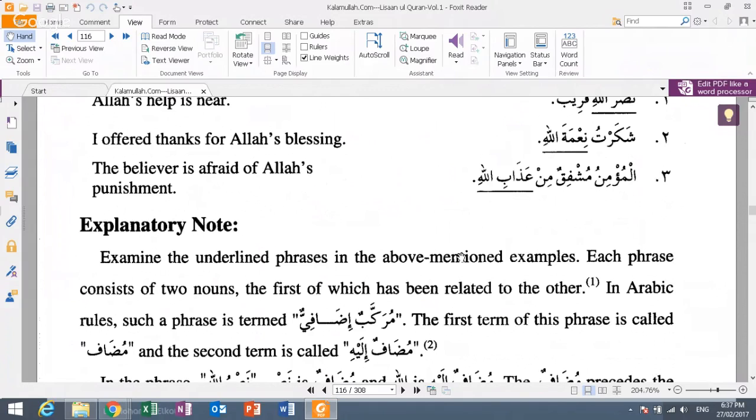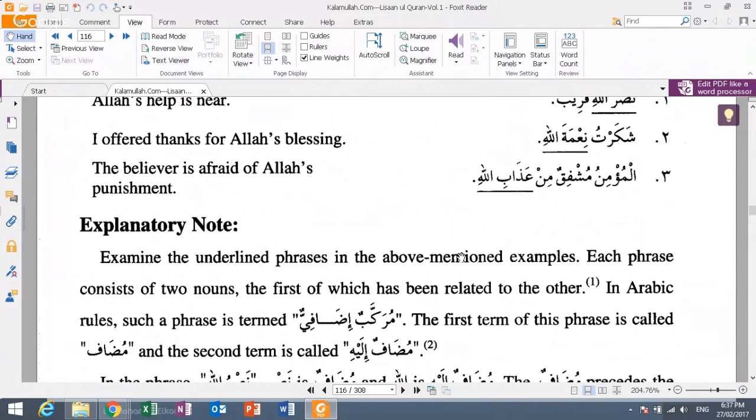There's murakkab tawsifi, like Rajulun, one noun, Tawilun, another noun. Two nouns together, tall man. But you need to complete the sentence. This is murakkab, but what about the tall man? So I have to say something about it, isn't it?